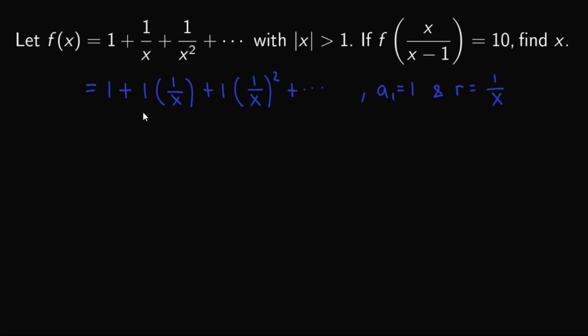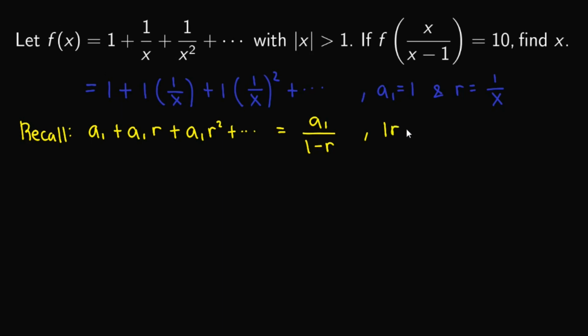Well, we recall that given an infinite geometric series, say a sub 1 plus a sub 1 r plus a sub 1 r squared and so on, this sum is equal to a sub 1 over 1 minus r, provided that the absolute value of r is less than 1.